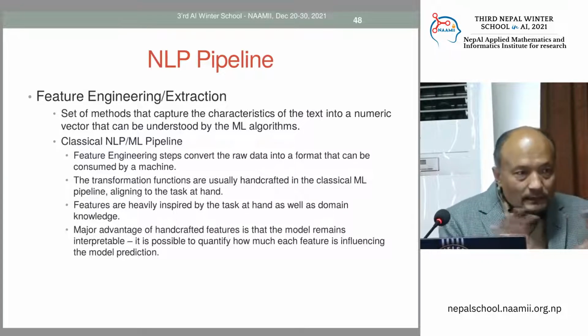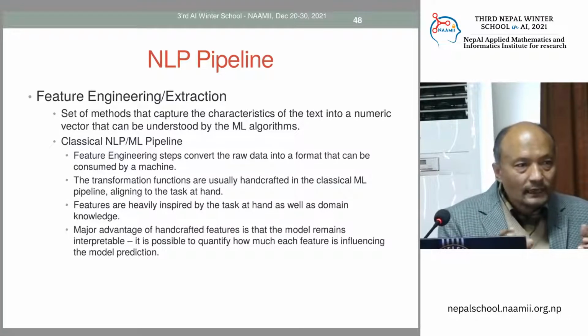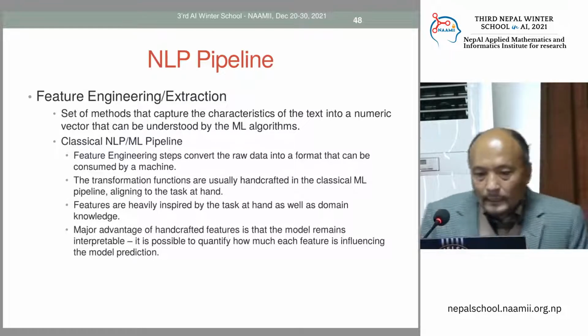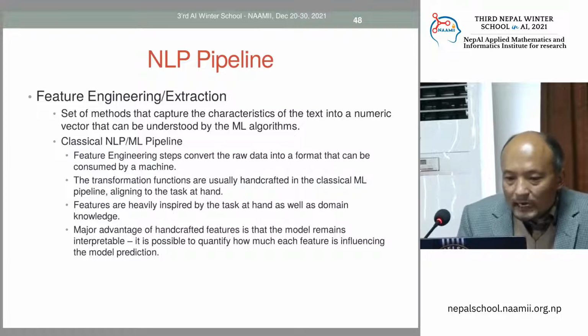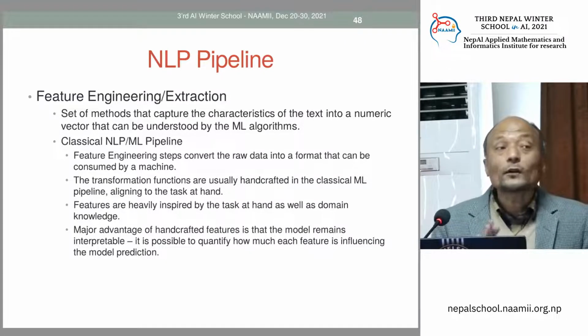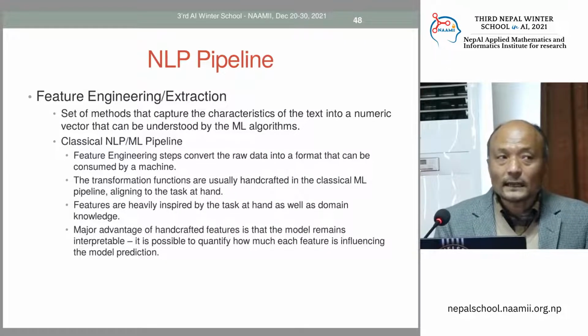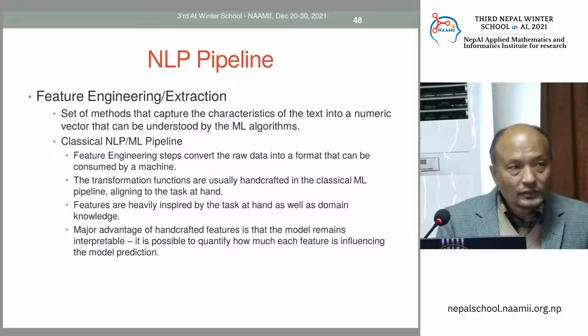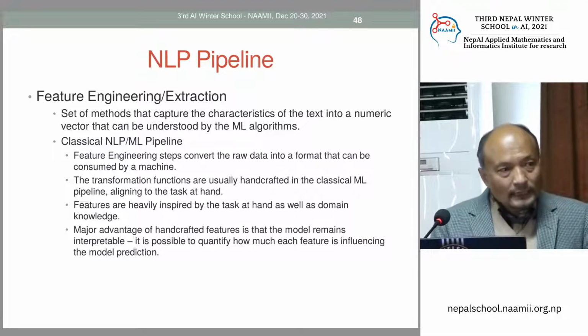These are some of the characteristic attributes that could potentially serve as features. So features are heavily inspired by the task at hand as well as domain knowledge. The spam classification example gave you some ideas how the features could be handcrafted, or basically determined.